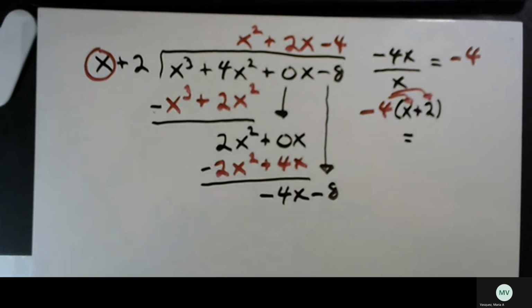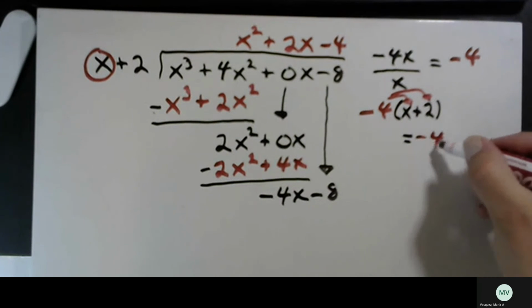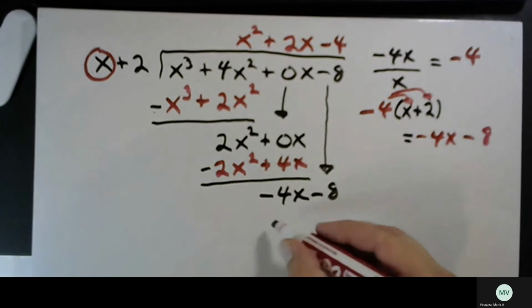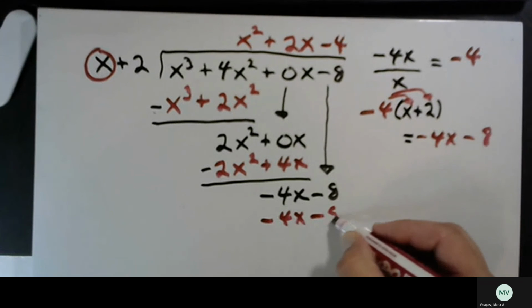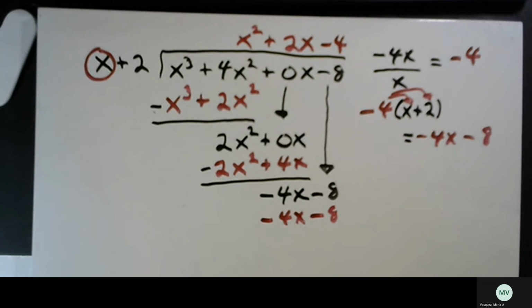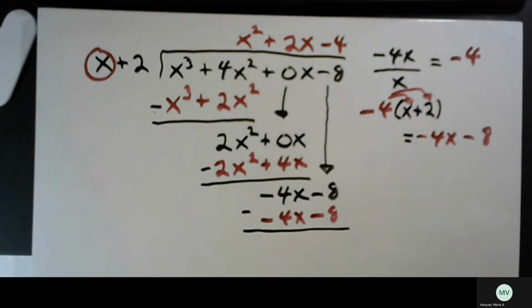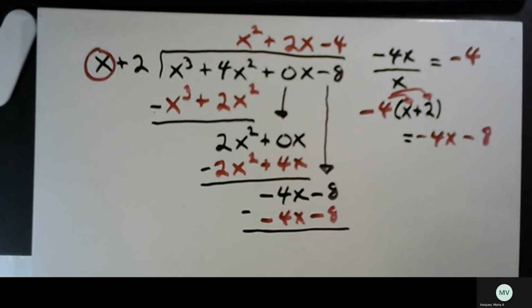We'll get minus 4x minus 8. And then if we subtract these, well, minus 4x subtract minus 4x, that's just minus 4x subtracting itself.